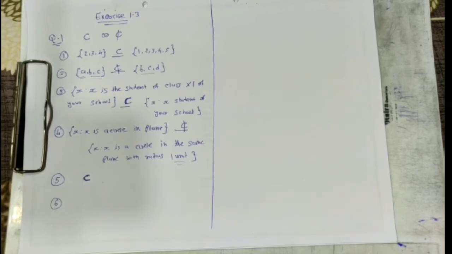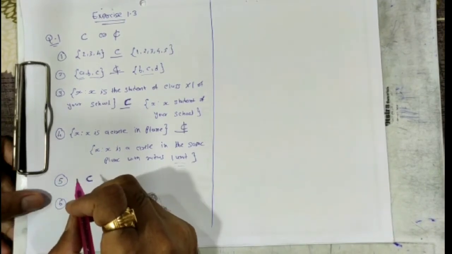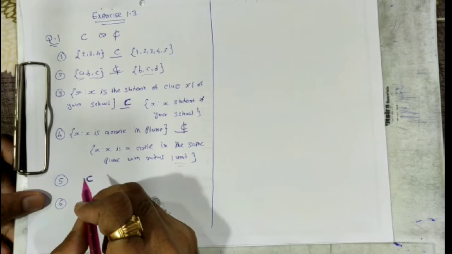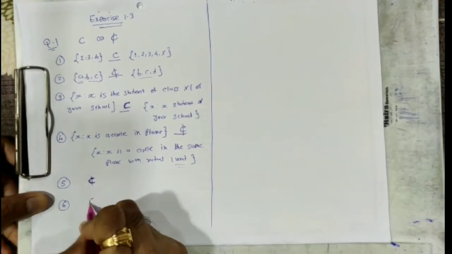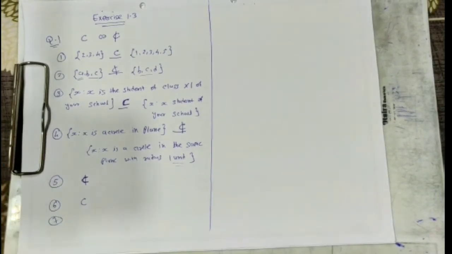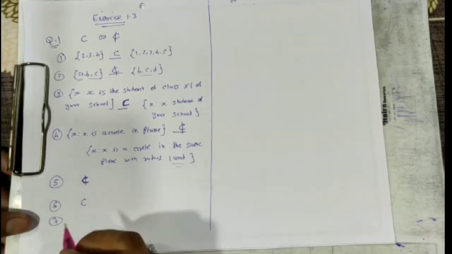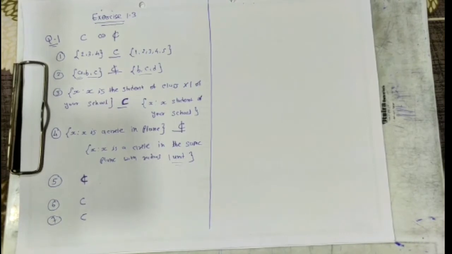So not a subset. Right? In the 5th one, not subset will come, and in the 6th answer, subset will come. Done. And the 7th, even natural numbers. Even natural numbers are a subset of integers. So it's a subset. Clear? Any doubt in this?